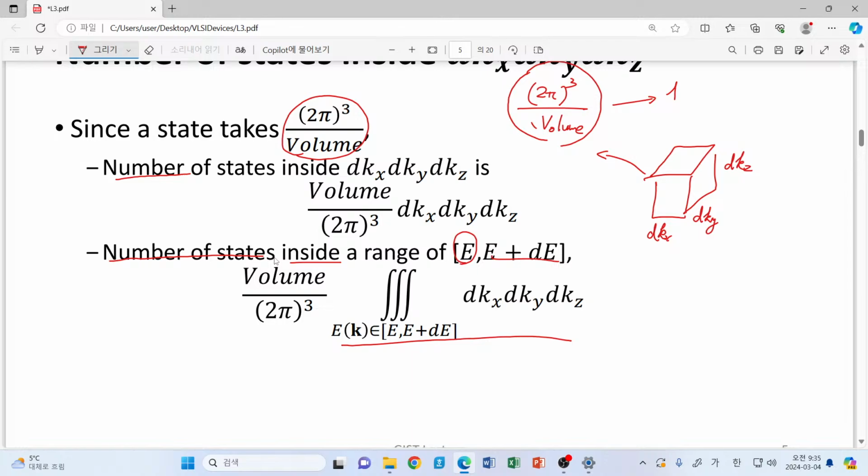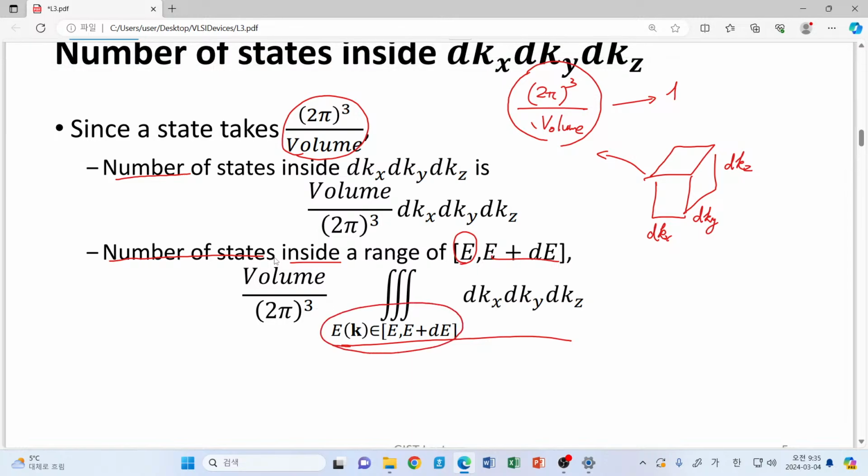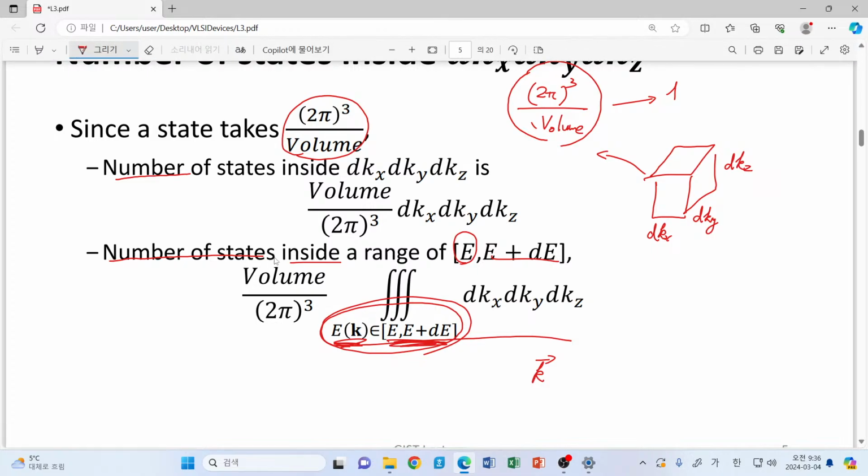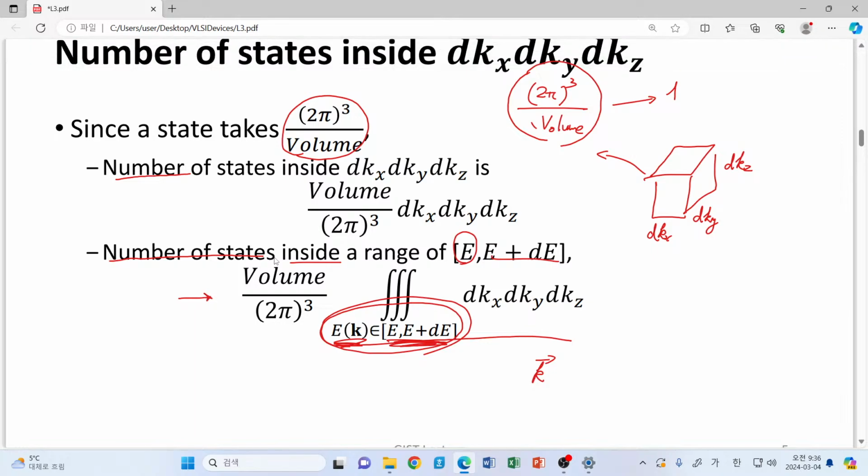However, the integration domain is restricted by this energy constraint. When you have your k value, you evaluate the energy value, and if this energy value belongs to a range between E and E plus dE, then you can perform this integration. Then that will give you the number of states inside a certain energy range.